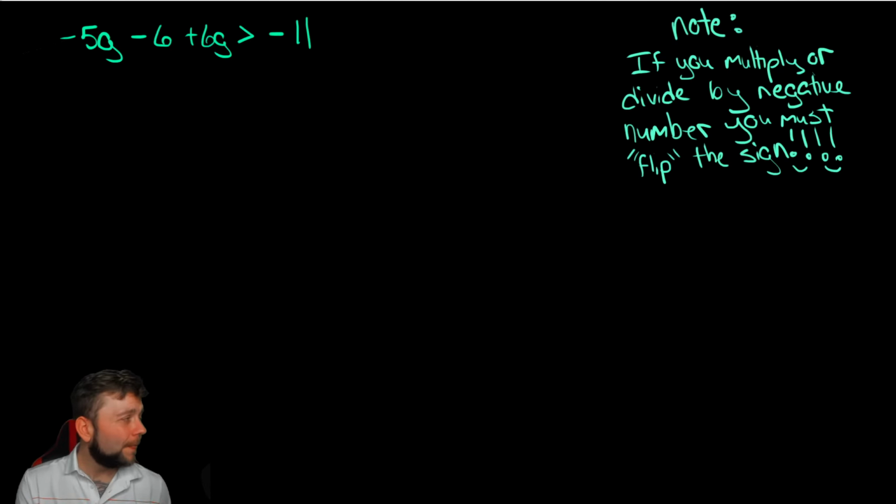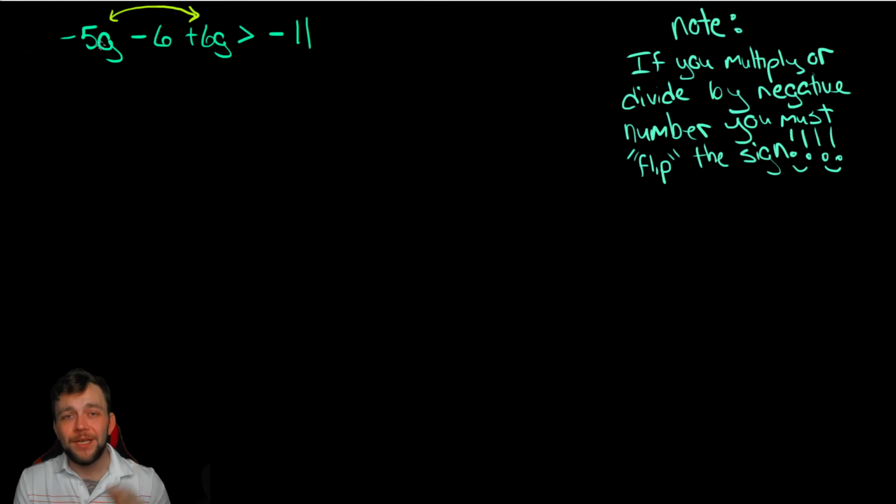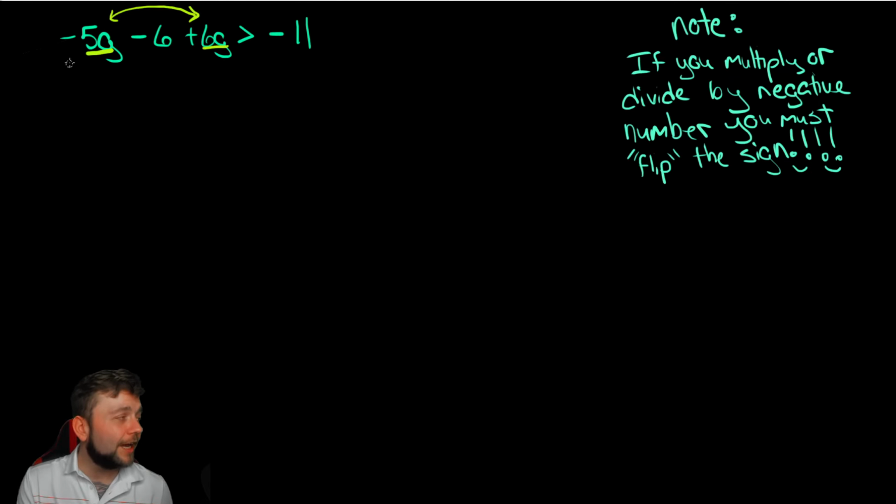So let's go ahead. The very first thing we are going to do is combine like terms, because on this problem, everything is on the left side. All of the stuff we are worried about at the moment is on the left side. So we have our negative 5g and our 6g.